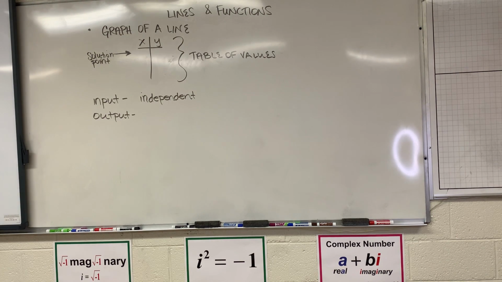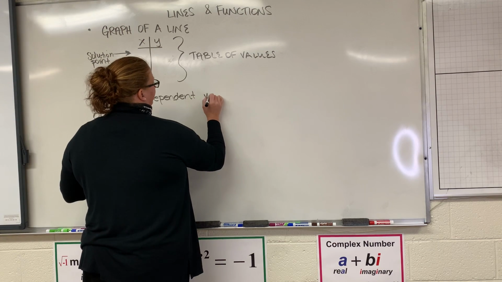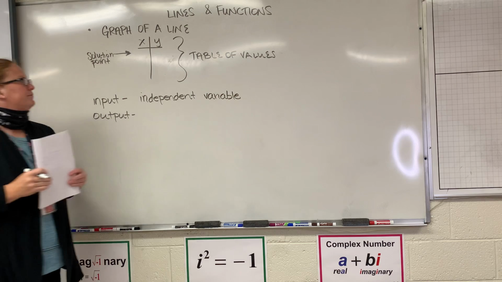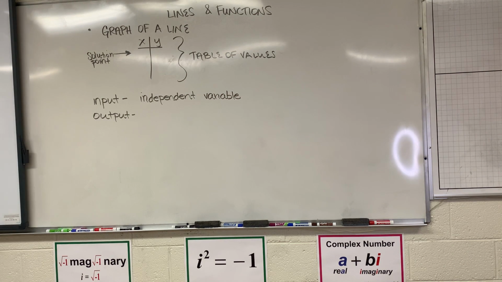The input is your independent variable of your equation. Okay, and once you put your x in, you can figure out what your y is. So that's your dependent variable.